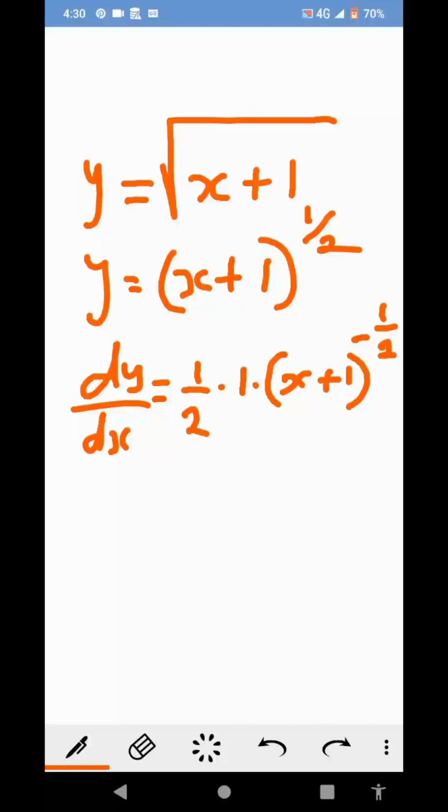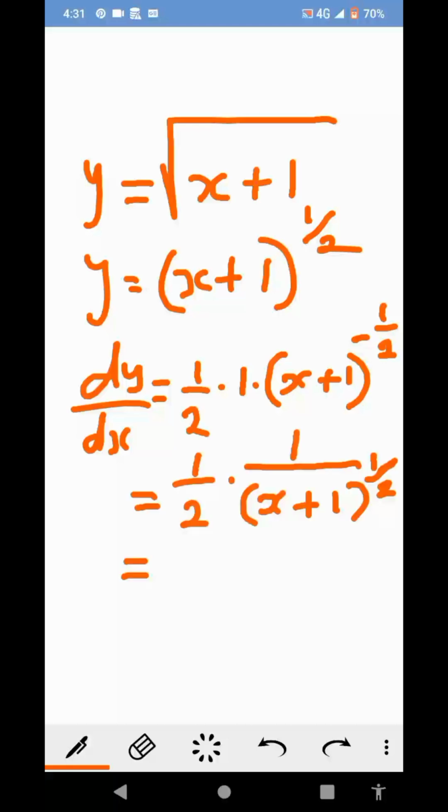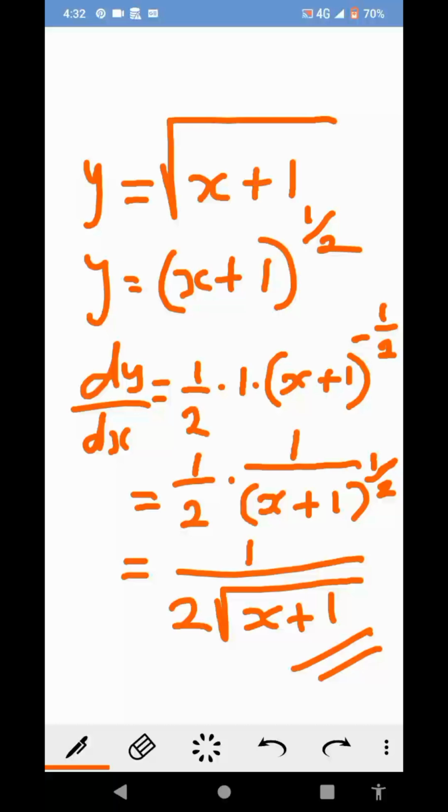Then let's tidy up. That gives you 1 over 2 times 1 all over (x plus 1) to the power half, since the minus takes the x plus 1 down based on indicial law. Then we can express the power 1 over 2 on x plus 1 as a root, and it becomes 1 over 2 root of (x plus 1). So remember, 1 over 2 as a power is the same thing as saying square root.